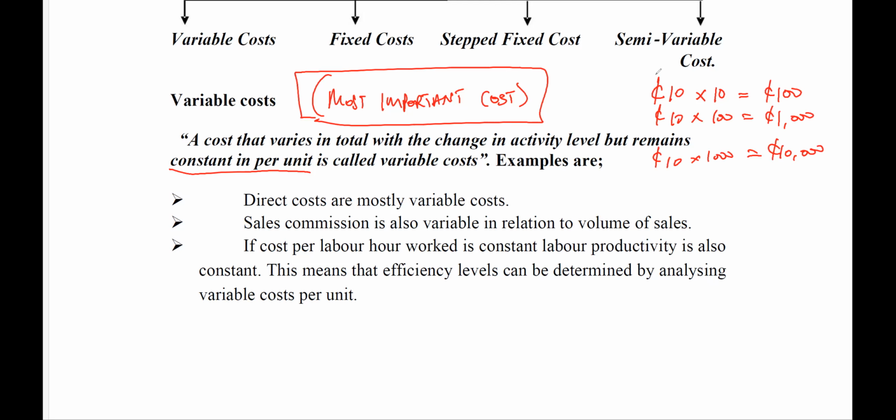But is the cost of one marker not constant? Yes, it's constant. This is what I want you to keep, and this is what will help you pass your management accounting exam: the variable cost per unit is always constant.